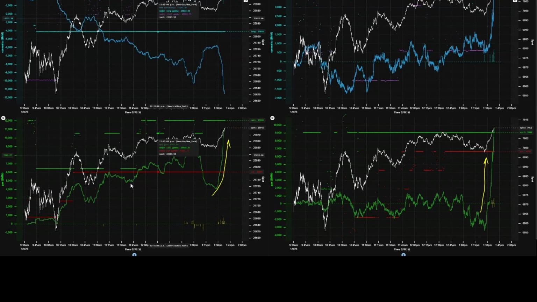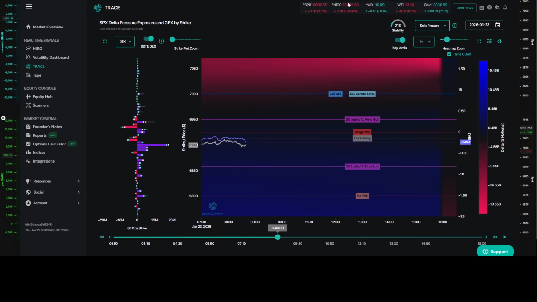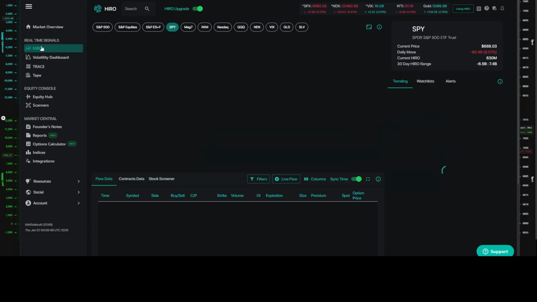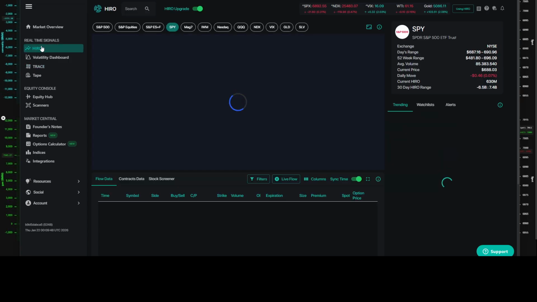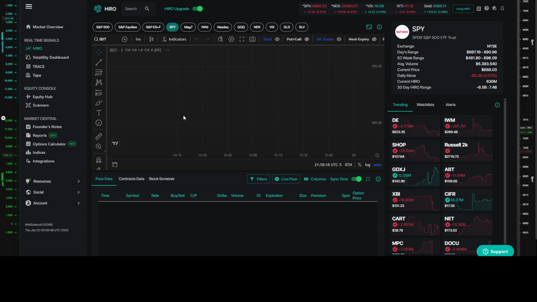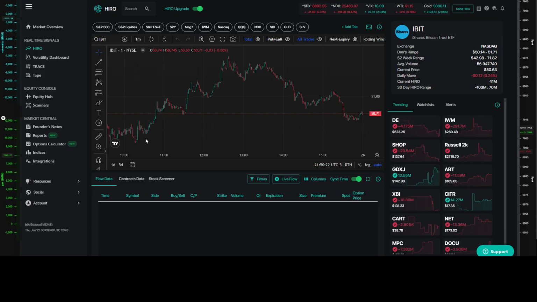This is similar to the HIRO in SpotGamma. SpotGamma has a HIRO that is represented in their tool here, and you see the HIRO. I don't know where it is here, but let me check.